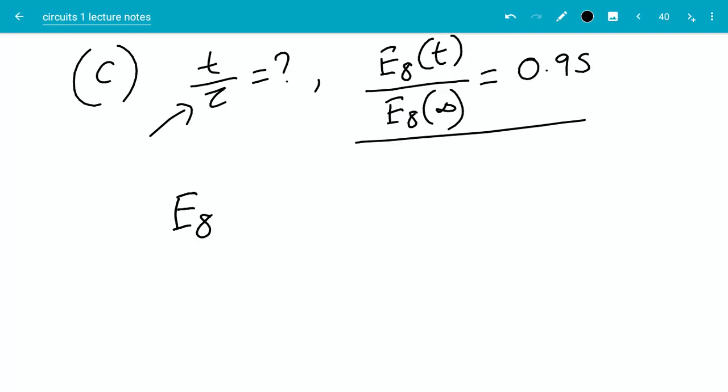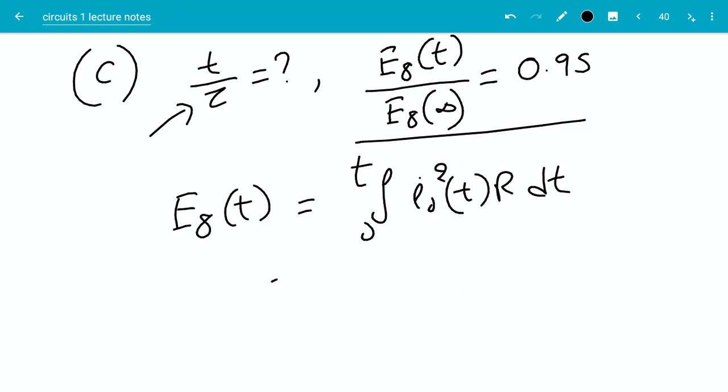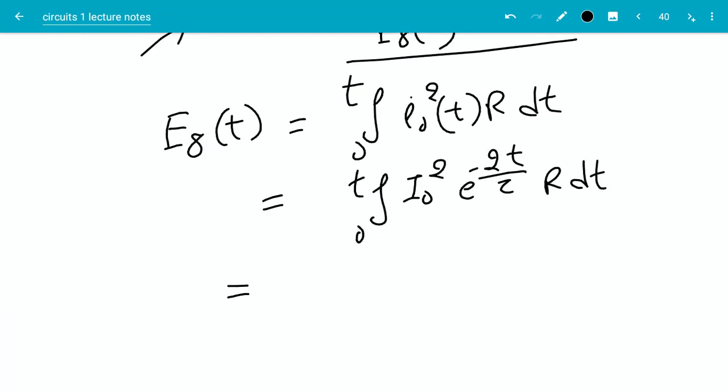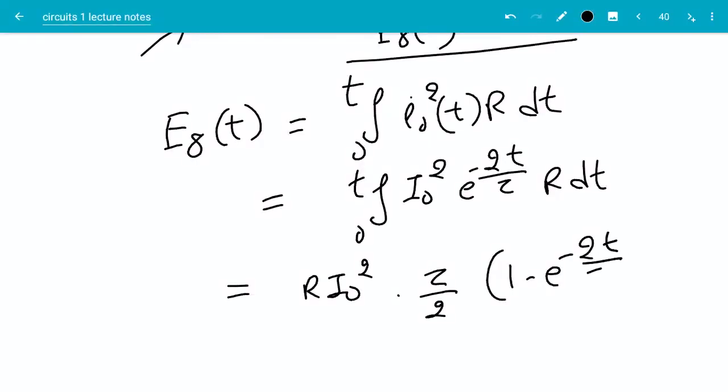So E8 of t should be equal to the integral from 0 to t of I_O squared of t times R dt, right? So this would be the integral from 0 to t of capital I0 squared times e to the minus 2t over tau times R dt. So this should be R I0 squared, and then this integral will be tau over 2 times 1 minus e to the minus 2t over tau.